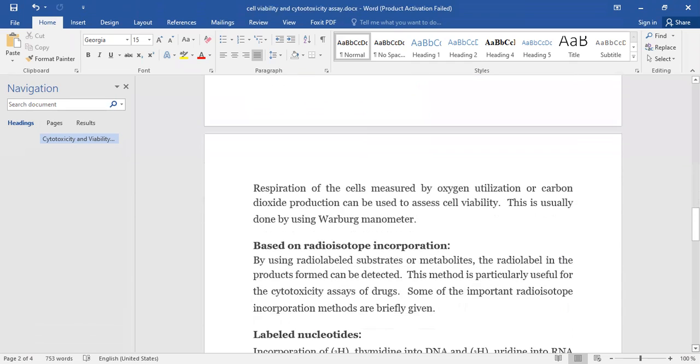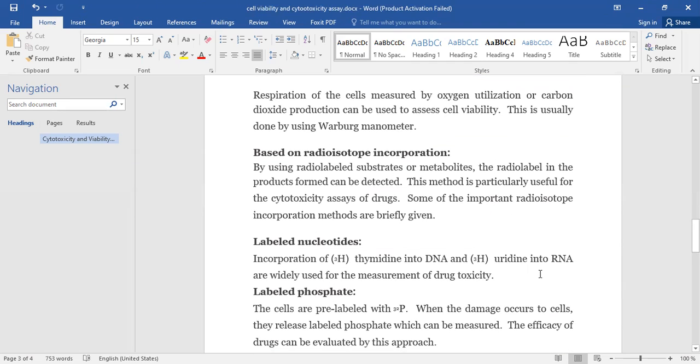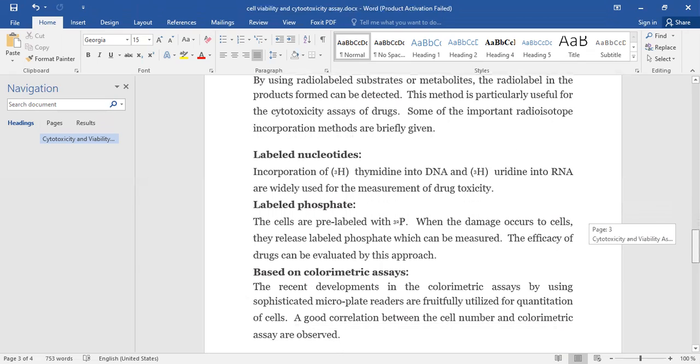Viable cells will be involved in cellular respiration, but cells which are not viable will not be. The next is radioisotope incorporation. If we incorporate a radiolabeled isotope into the cell, then the viable cells can be detected by this method.